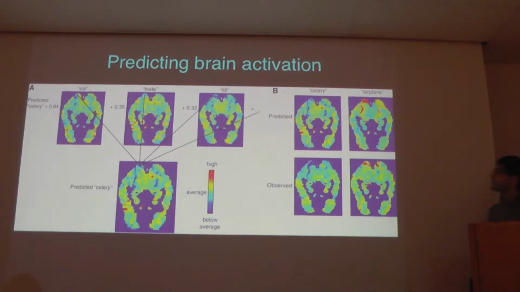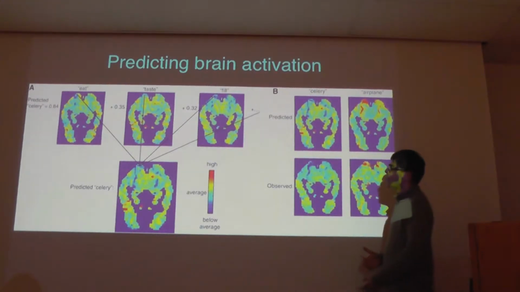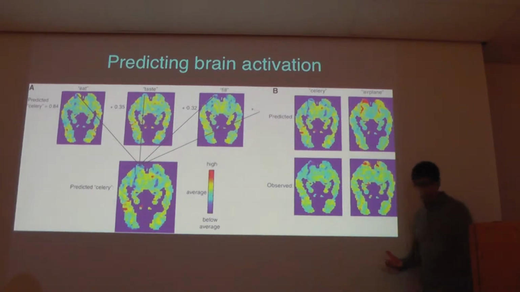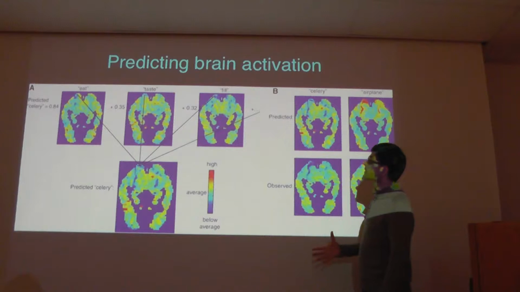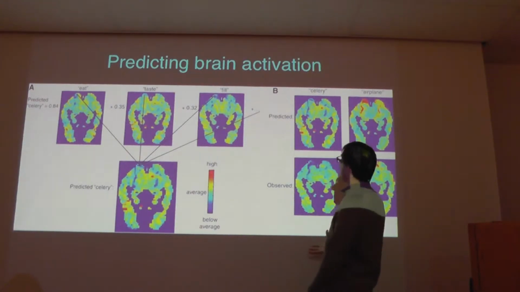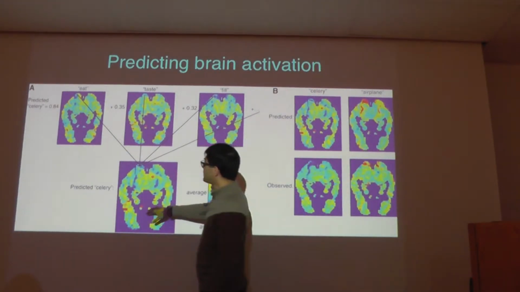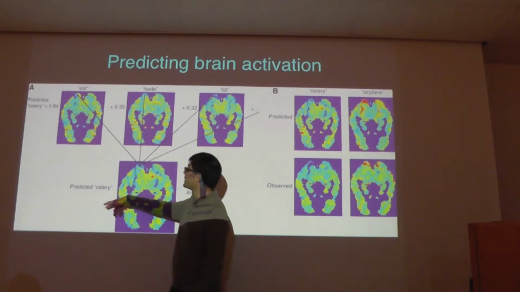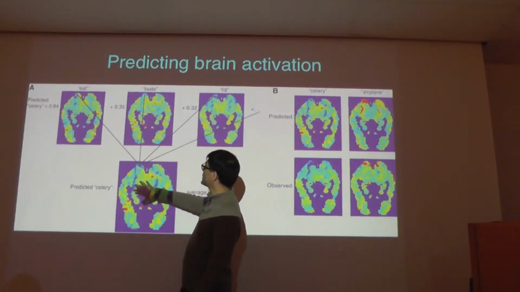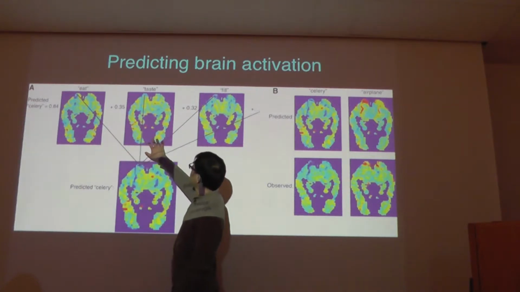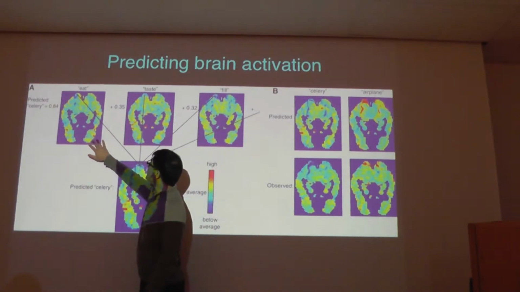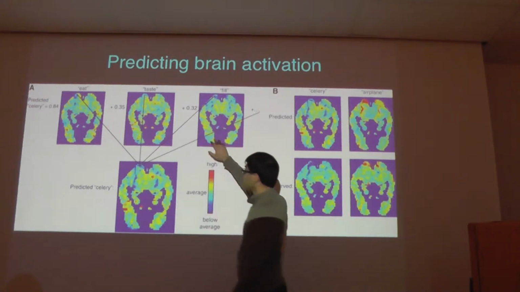So if I ask what I predict will be the neural activation for some word, in this case celery, actually it would be better in this picture if they had a different word, like spinach. Say you have a different word, like spinach, and you say, well, I know from celery that eat looks like this, and taste looks like this, and fill looks like this.